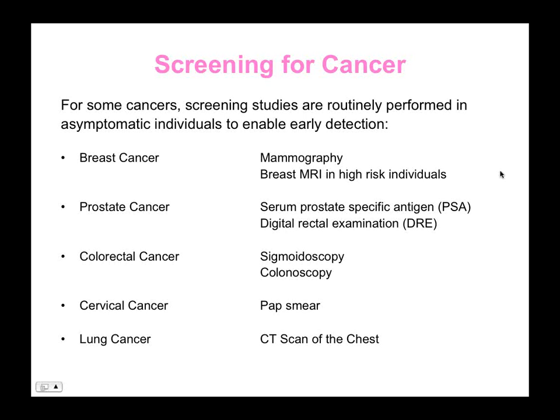And you can see there are a number of examples of that: for breast cancer, mammography and breast MRI; for prostate cancer, the serum PSA and digital rectal exams; for colorectal cancer, sigmoidoscopies and colonoscopies; for cervical cancer, of course, the pap smear.